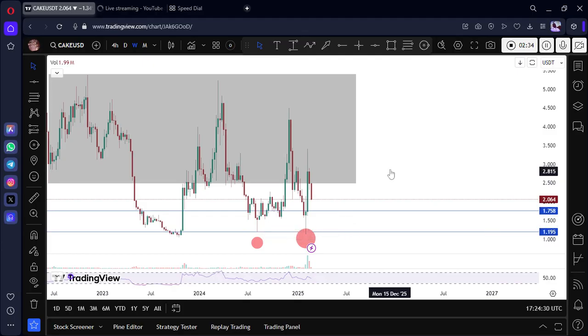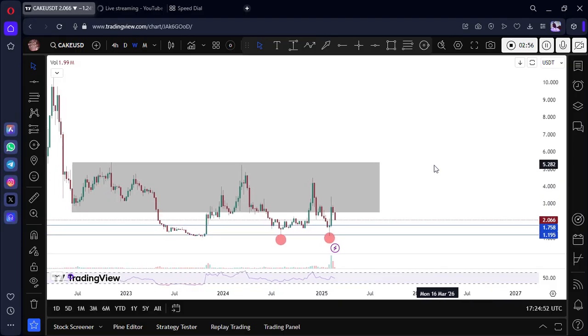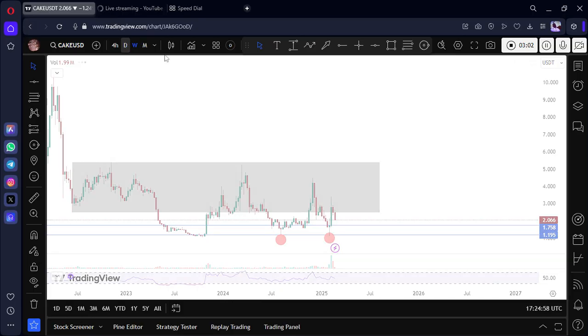So if I had $10 to invest in CAKEUSDT, I would have bought $5 at the 1.7 dollar zone, and then another $5 at the 1.189 dollar price zone. But don't worry, I'm going to give you a perfect entry for CAKEUSDT.